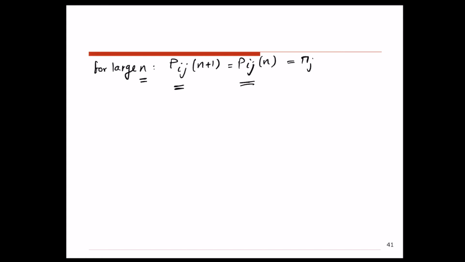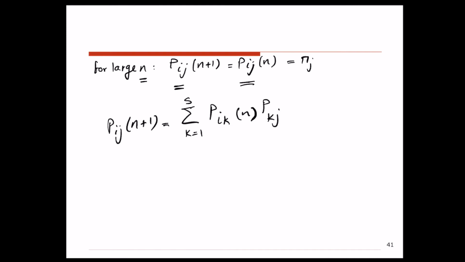j. We can also calculate p_ij(n plus 1) as the summation of going from state i to any intermediate state k in n steps, and then going from state k to state j in 1 step, where k goes from 1 to s.